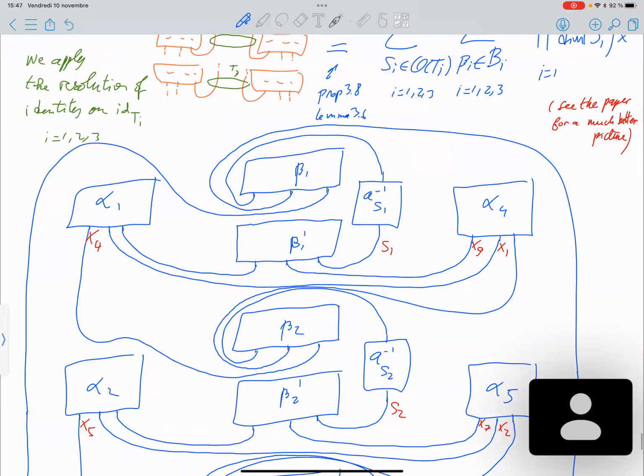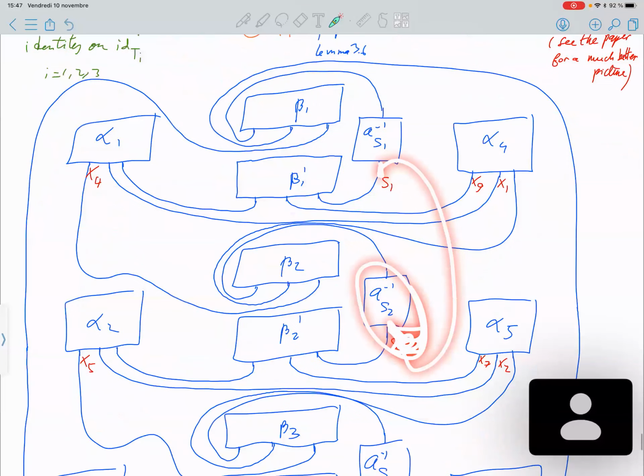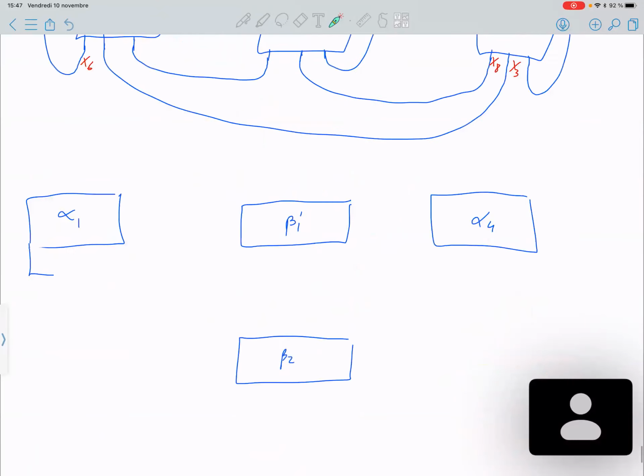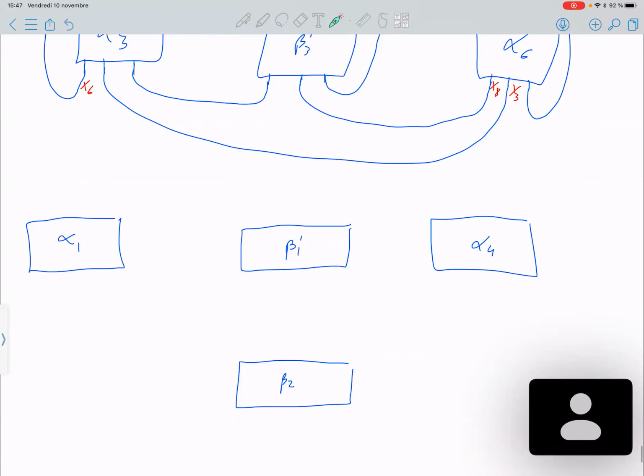So you don't need to write it again. This trace involves some pivotal structure again, which will cancel with the other. So you can draw the picture without any pivotal structure.